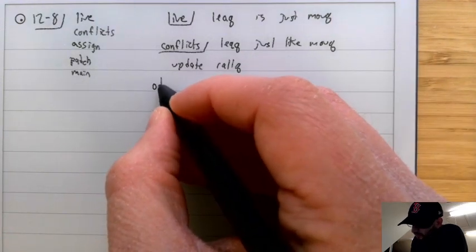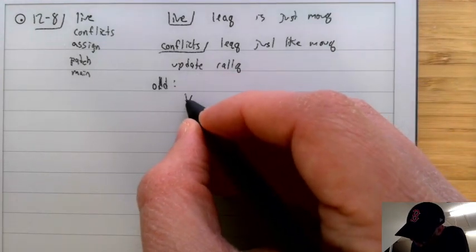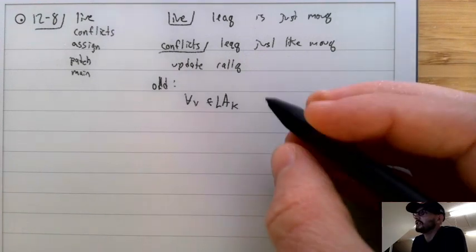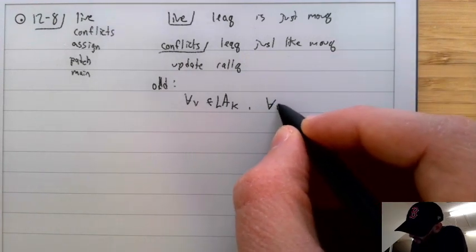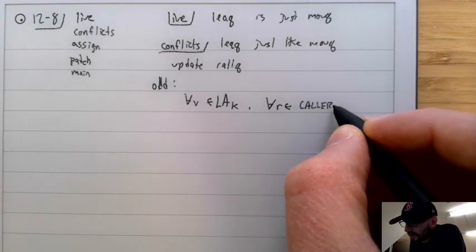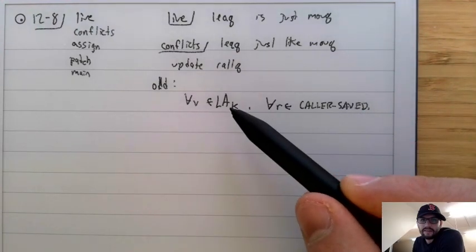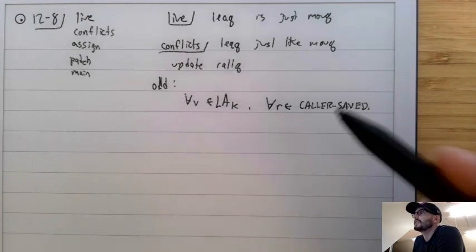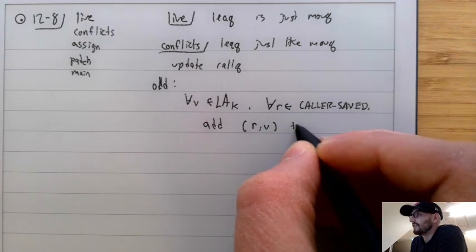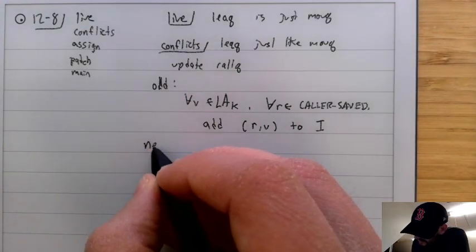What we used to do with a callq is that we used to say, for all of the variables that are in the live after set of this instruction, and for all of the registers that are in the caller saved registers, we want to add RV to the interference graph. Now, our new rule is going to be bigger than that.